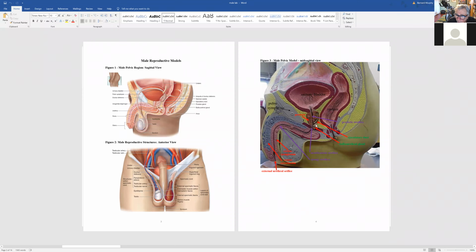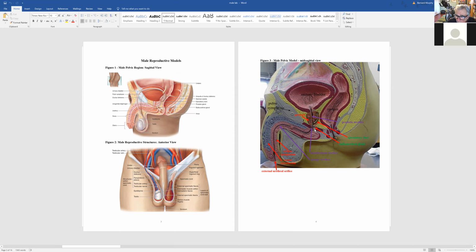This is the urethra. Now, right inside the prostate is another little tube called the ejaculatory duct, which is really the end of the ductus deferens or vas deferens. You can see that better in the 3D model, which I'm going to show you in a moment.